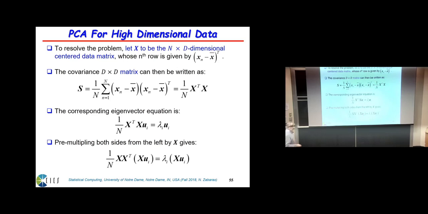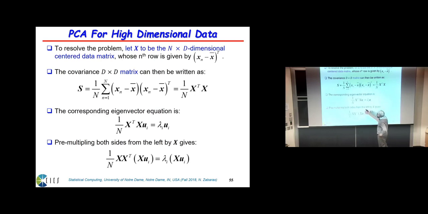So here is the magic of tricks. If you know your algebra, you can imagine a lot of tricks. The eigenvalue problem that we have to solve with PCA is the sample covariance matrix, 1 over n X transpose X, u_i equals lambda_i u_i. We agree? That's our eigenvalue problem.